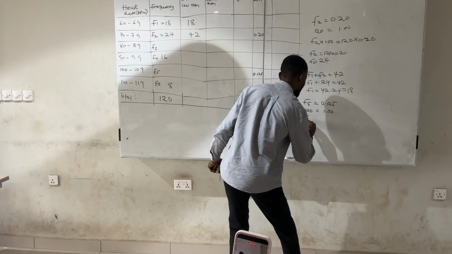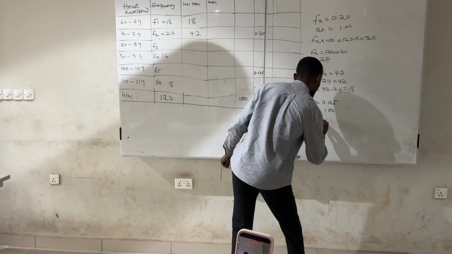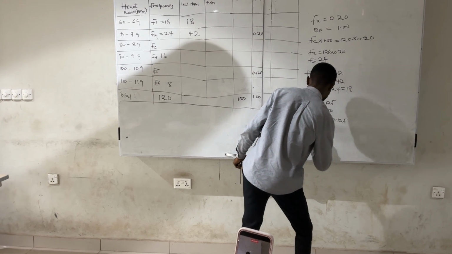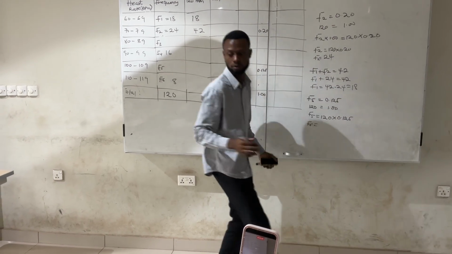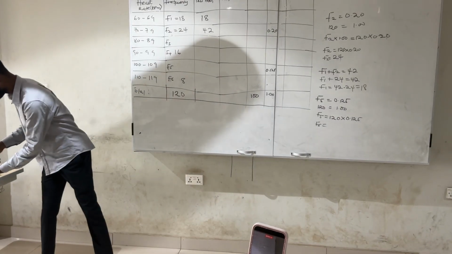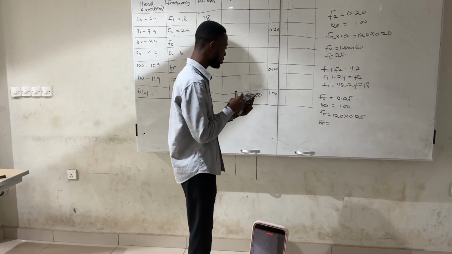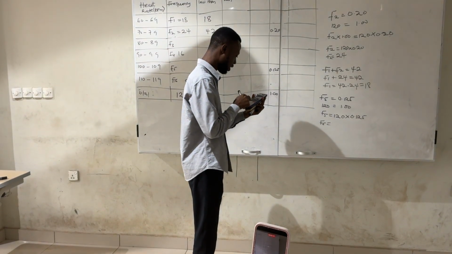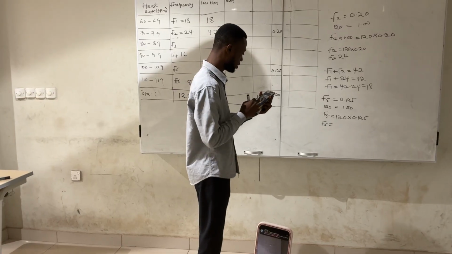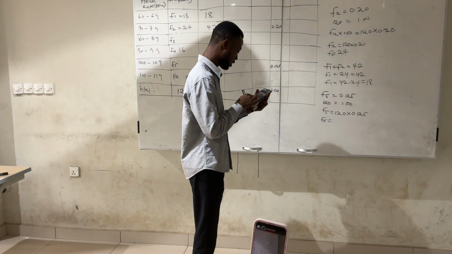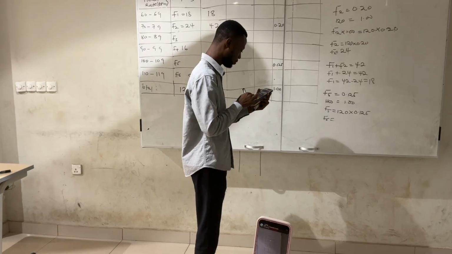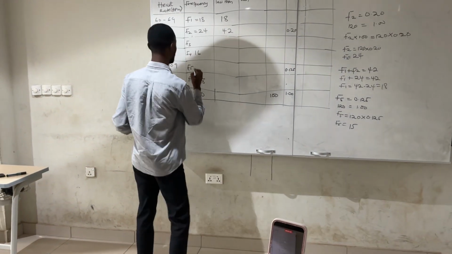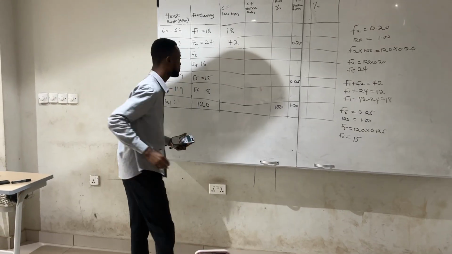F5 equals 120 times 0.125, which is 15. So F5 is 15.